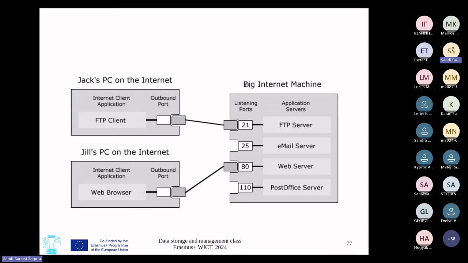You can think of ports like this: if you live in an apartment building, you have the apartment building, and then depending on where you live, you have either an apartment number or your last name on the door. That's essentially what ports are.